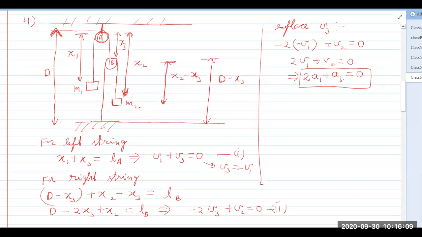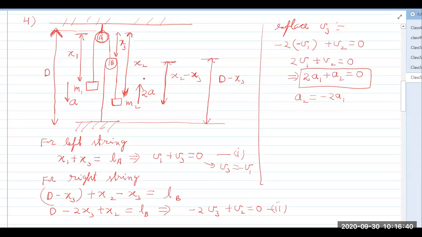So we can write a2 equal to minus 2a1. Okay, so suppose this one is coming down with acceleration a, then this one will go up because of the negative sign. If M1 is going down, this one will go up with double the magnitude, so 2a.